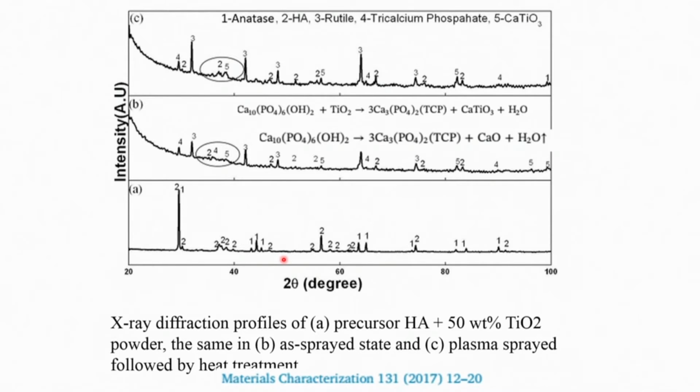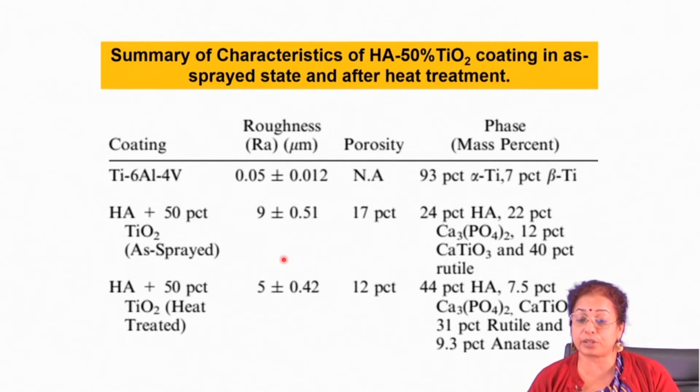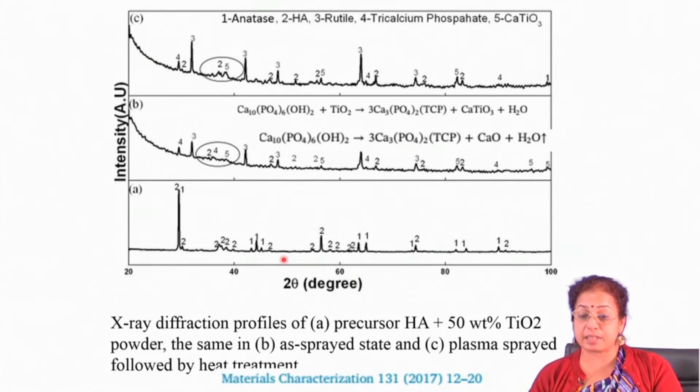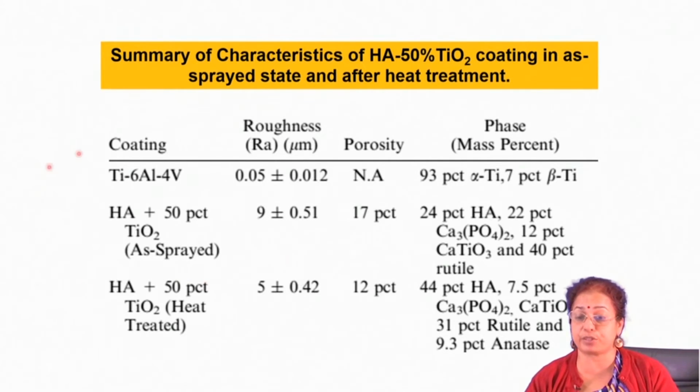In hydroxyapatite plus titania coating, you find tricalcium phosphate, and in hydroxyapatite plus zirconia coating, you will find formation of calcium zirconate phase, and in addition to that tricalcium phosphate phase.